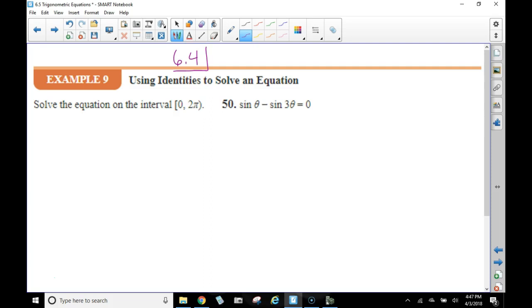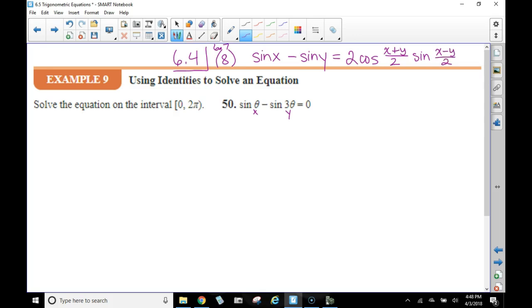From table 6.7, formula number 8 says if you have the sine of x minus the sine of y, which is really the format of our problem here, that will simplify to be 2 times the cosine of (x plus y) over 2 multiplied by the sine of (x minus y) over 2.